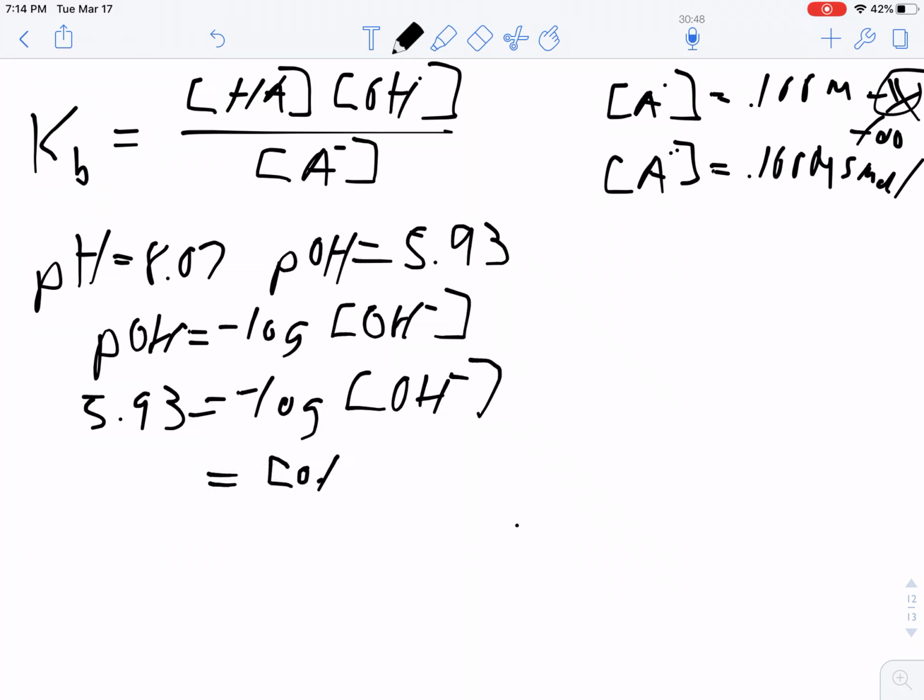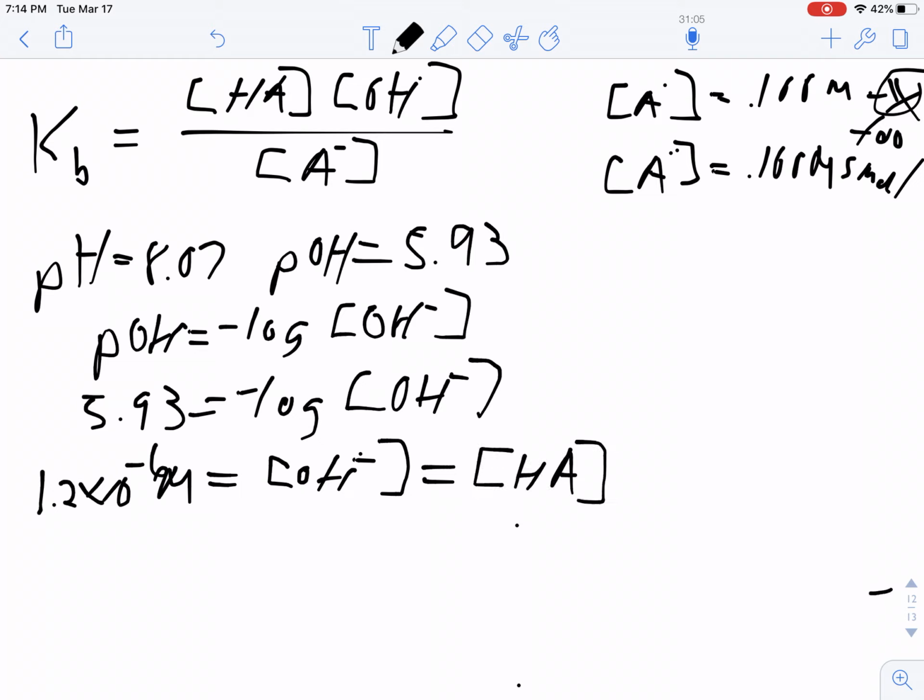The concentration of OH minus is going to be 1.2 times 10 to the negative 6 molar, which will also be the concentration of HA because they both have to be equal.